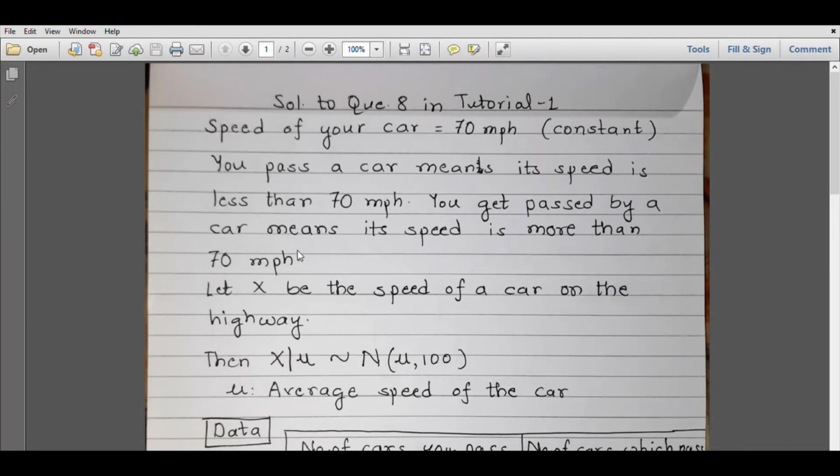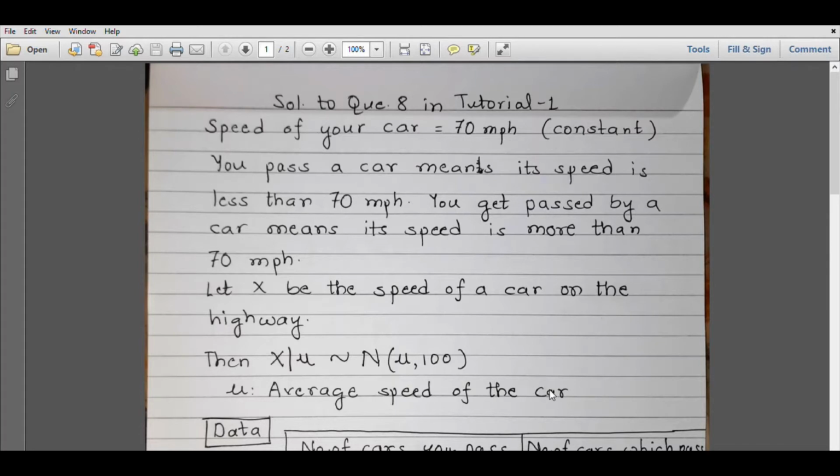So suppose x is the speed of a car driven on that particular highway. So x will be normally distributed with mean mu and the variance as 100 as given in the question. Here mu represents the average speed of the car.